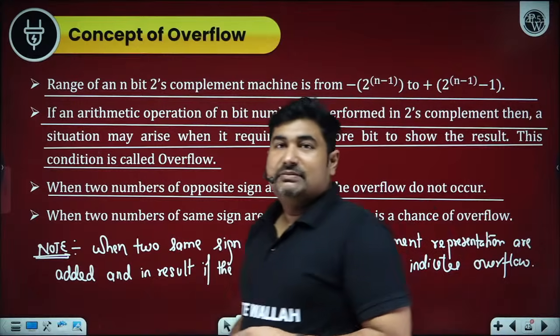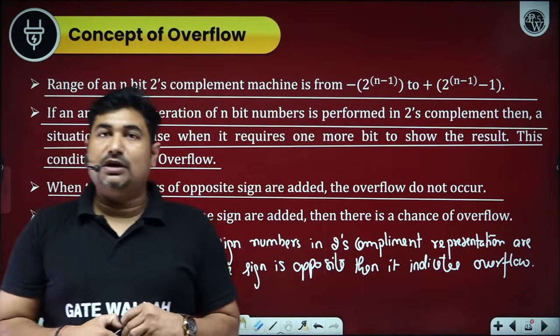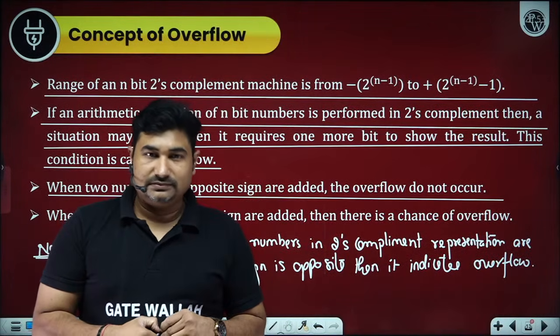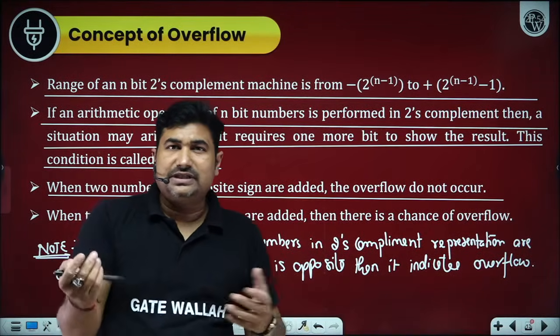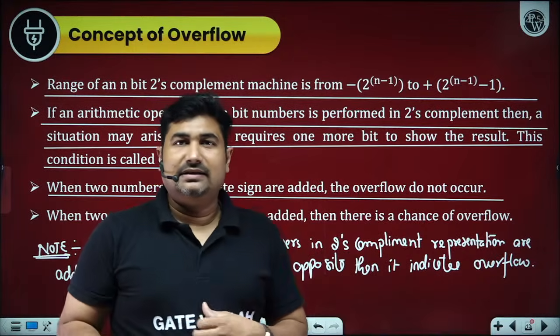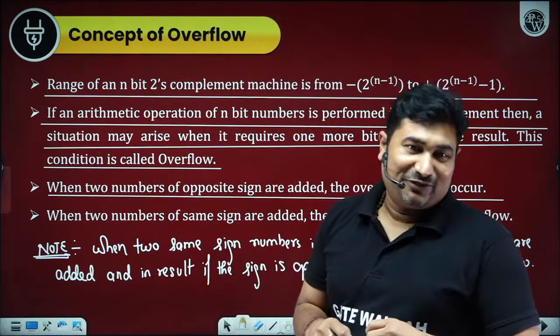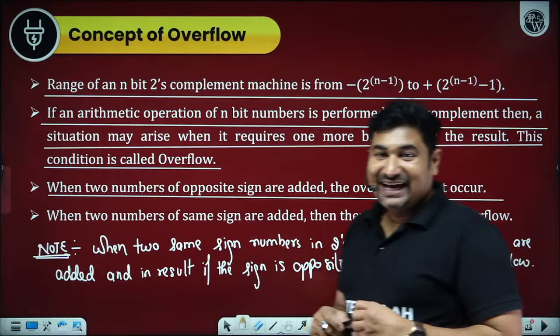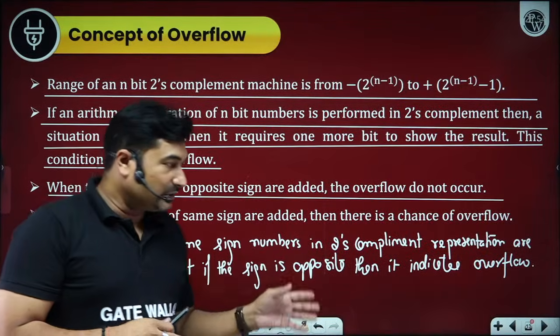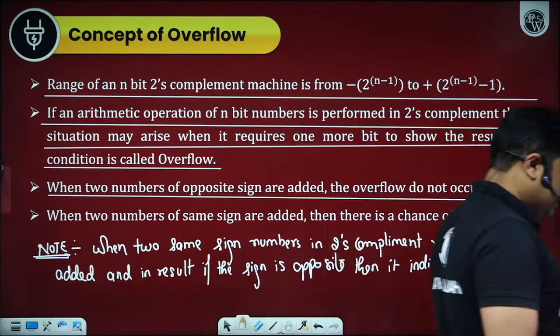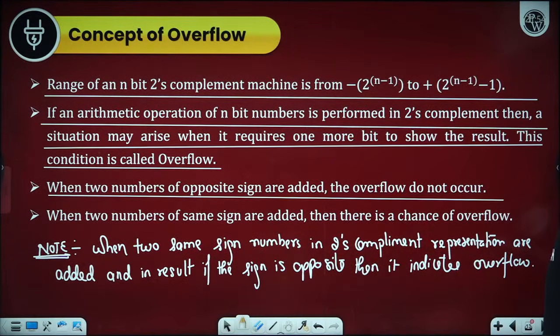There was some fluctuation and because of that your camera got off. Is the screen okay now, beta ji?